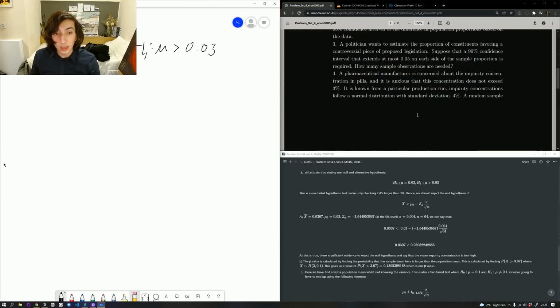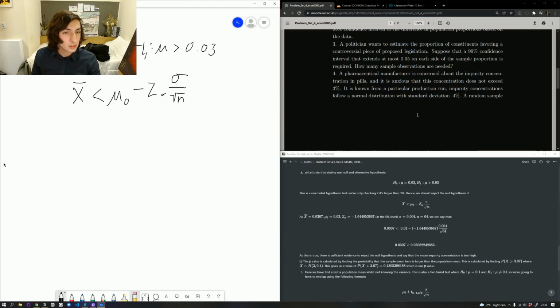The formula for means is that you should reject if the sample mean is smaller than the null mean minus z alpha times the known standard deviation over root of the sample size.